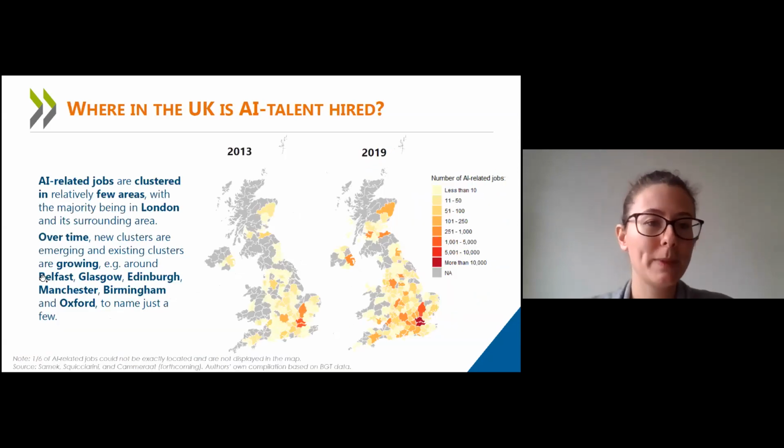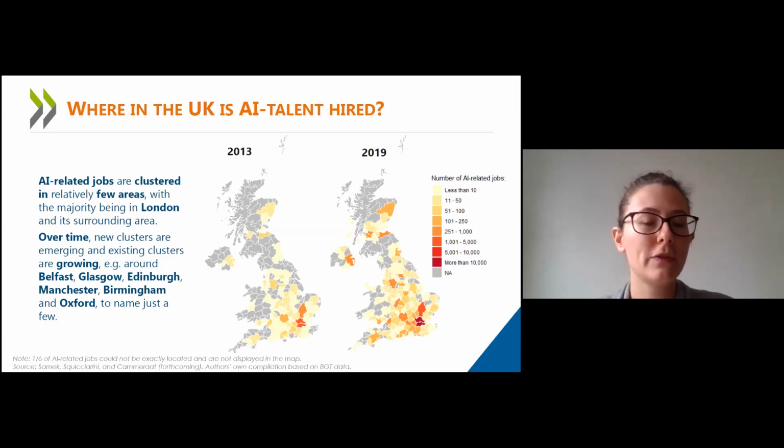Since this workshop is organized by ESCoE and BEIS, I thought it's quite interesting to zoom in a little bit more and see where exactly in the UK these vacancies are located. It seems that they are actually clustered in only a relatively few areas, with half of them being in London, which I guess is not a big surprise. Many of them are also in the surrounding areas of London. So you see a lot of them in Cambridge and in Oxford.